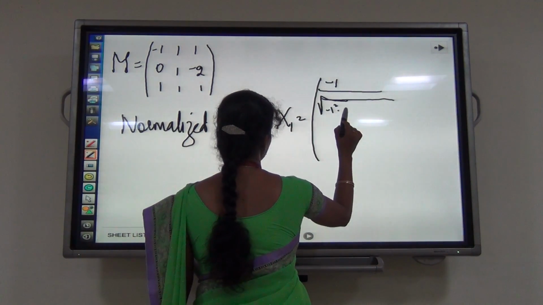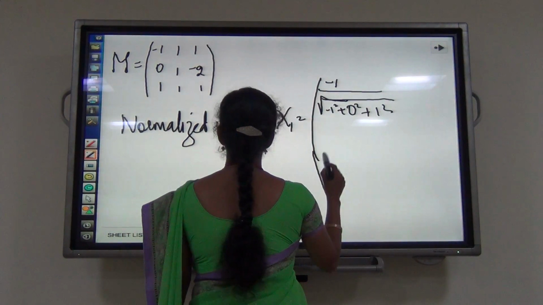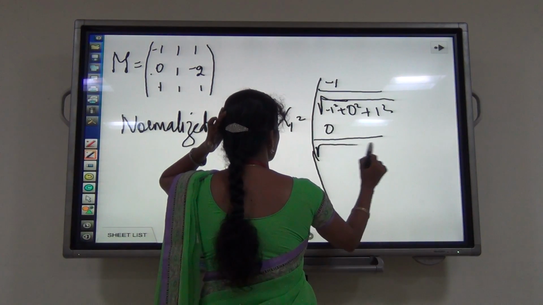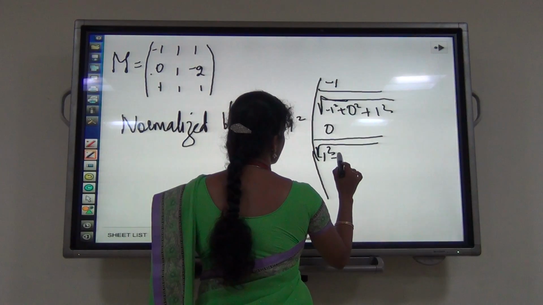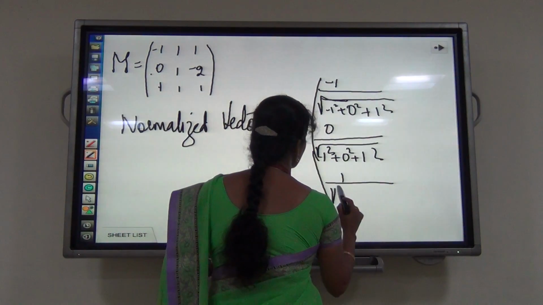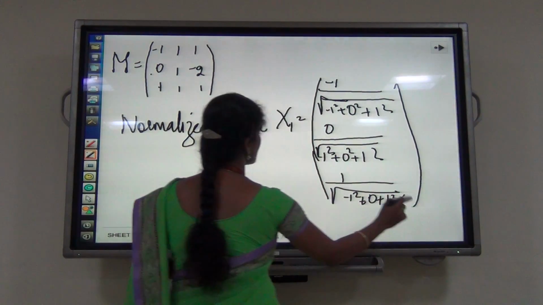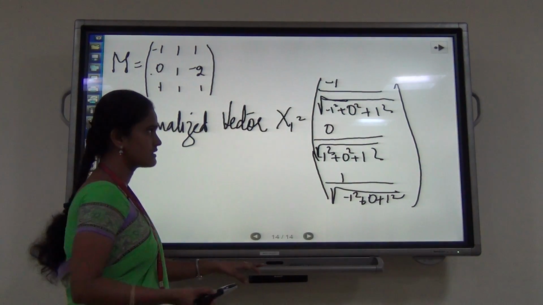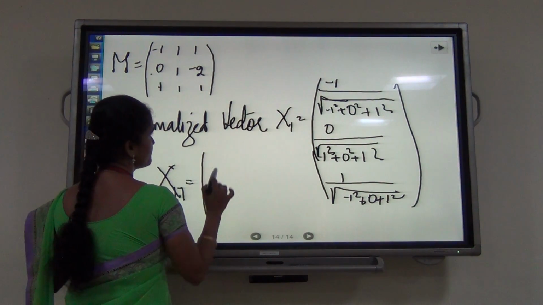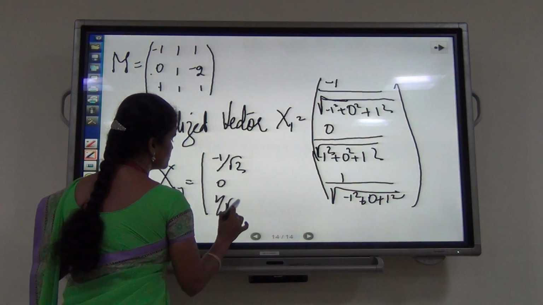So minus 1 divided by root of minus 1 whole square plus 0 square plus 1 square, and the next one is 0 by anything, which is 0, and the third one is 1 divided by root of minus 1 square plus 0 plus 1 square. So this is how we get the normalized eigenvector. The normalized eigenvector of x1 will be minus 1 by root 2, 0, 1 by root 2.